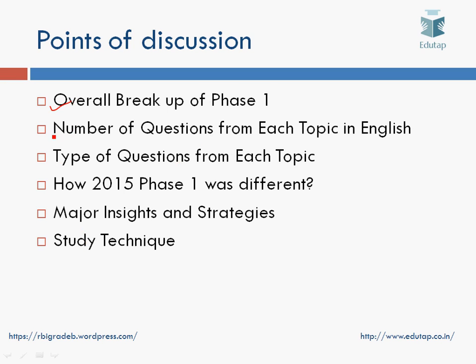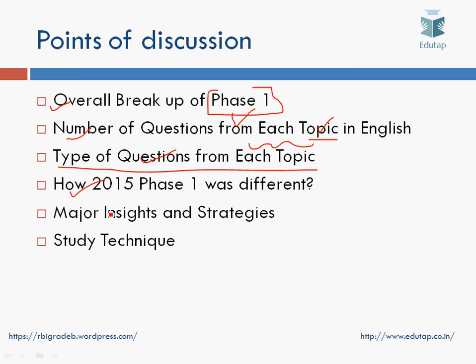phase 1. Phase 1 consists of basically 4 sections, and we'll tell you what the breakup is for every section. Then the number of questions from each topic in English, and the type of questions from each topic. Here we'll tell you the name of the topic from which questions are asked, and then the type of questions that were asked from a particular topic in the previous year.